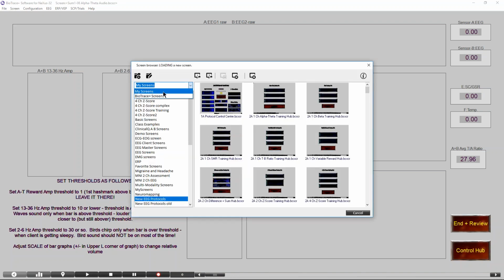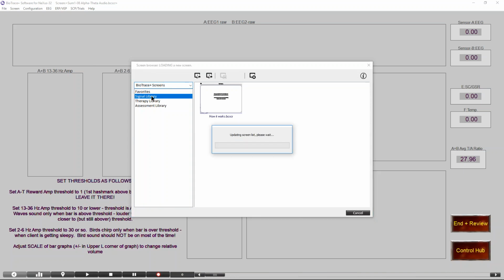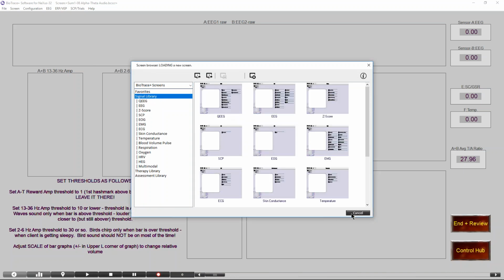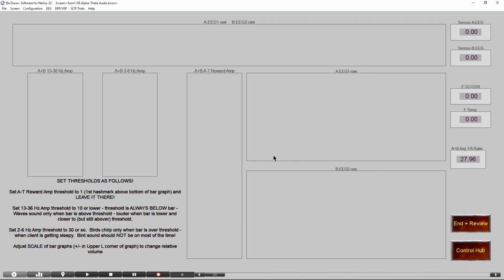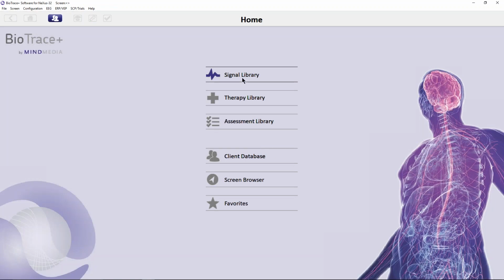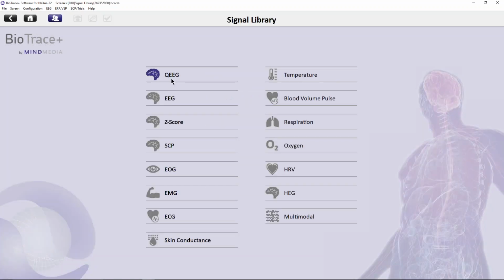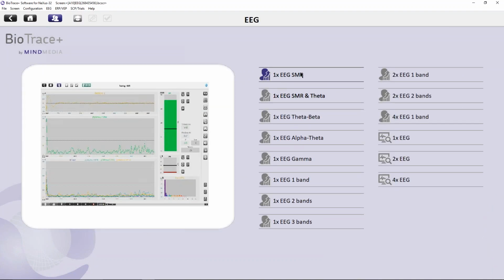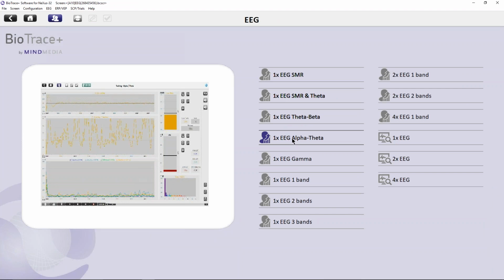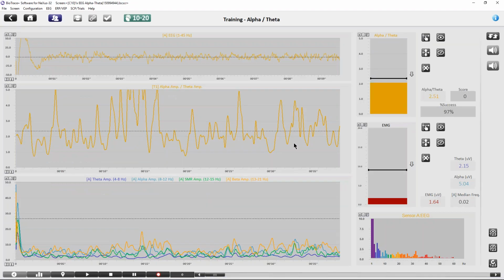In the new version, you go to the signal library, and then you have all these categories. It's a little bit like how I do it, where you have EEG and then the different category buttons, and that takes you out to multiple other screens. So within the screen category, there are lots of other screens that you go to from buttons. Okay.